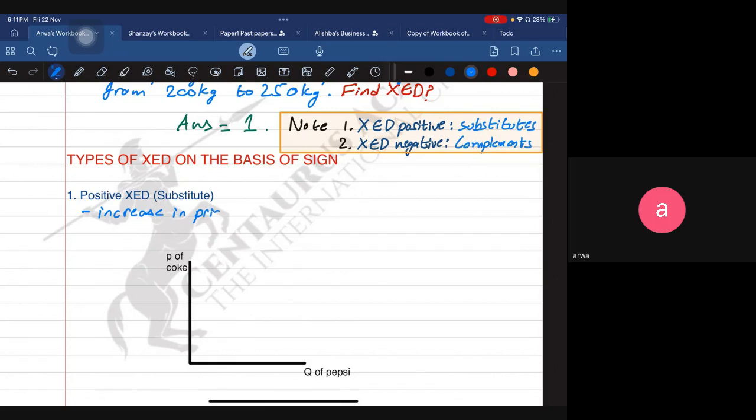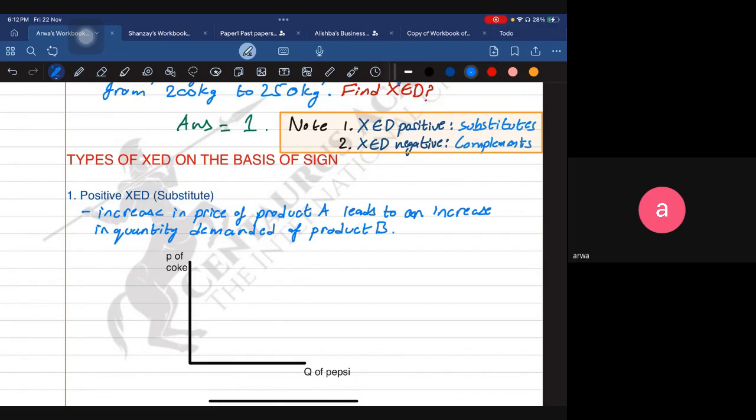Increase in price of product A leads to an increase in quantity demanded of product B. Right?